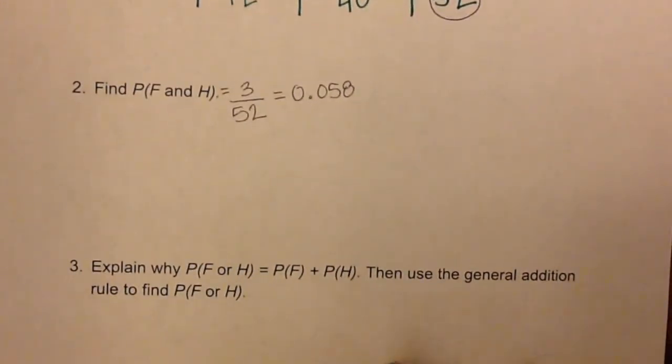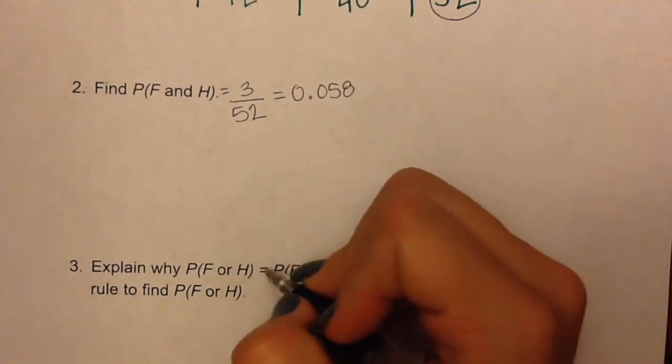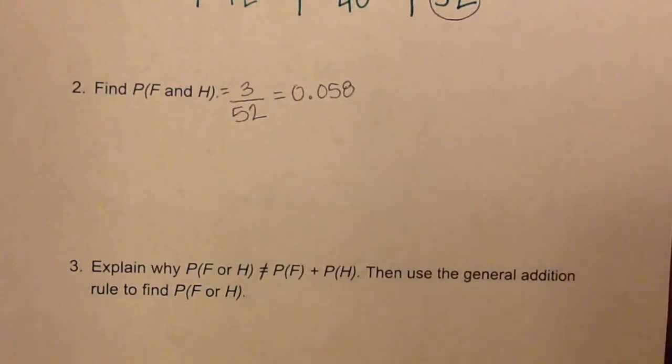And then going down to number 3, it says explain why the probability of a face card or a heart is not equal to the probability of a face card plus the probability of a heart. Then use a general addition rule to find what it is equal to.